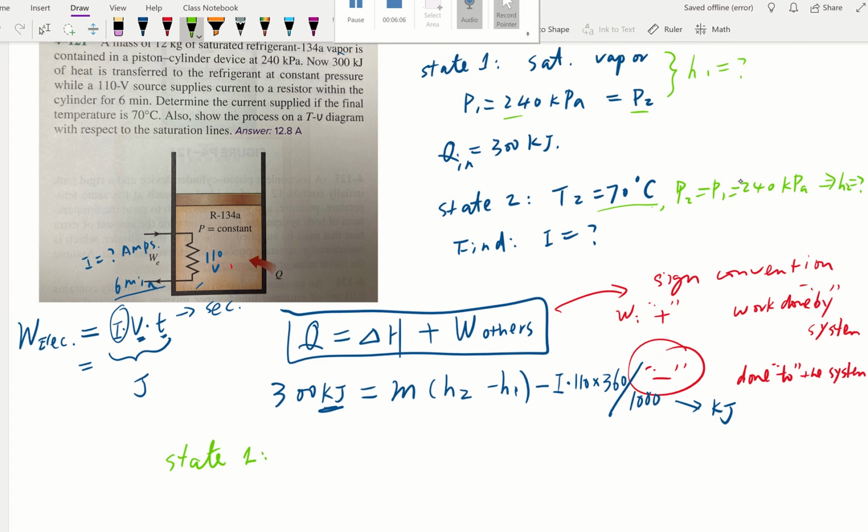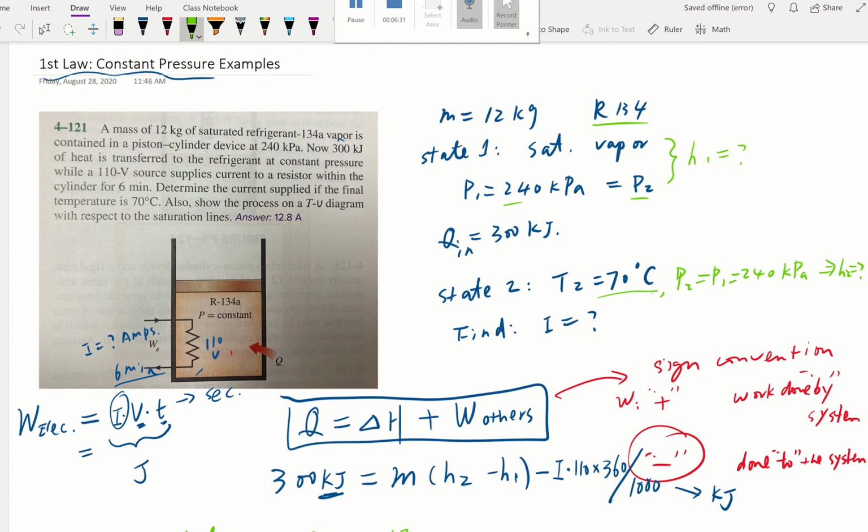we know it's saturated vapor and P1 is equal to 240 kilopascal and saturated vapor. Then our H1 is going to be vapor, so it's going to be Hg, not Hf, since this is saturated vapor at 240 kilopascal. And this is in SI unit, however, it's R-134a.